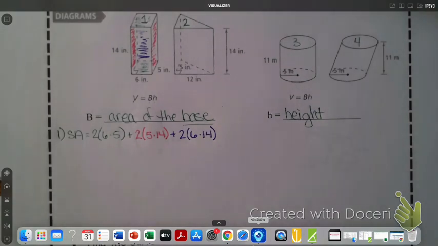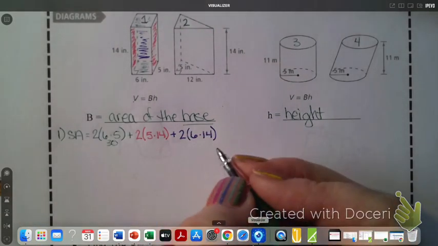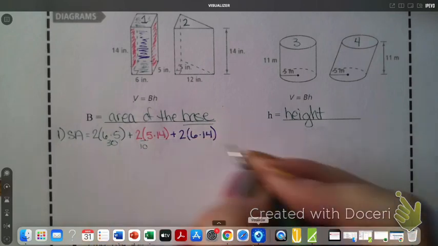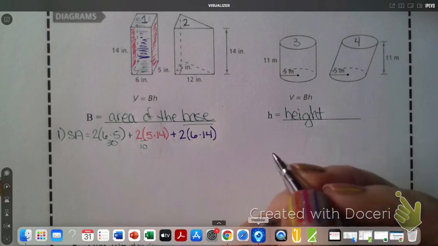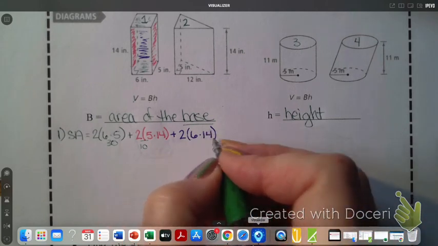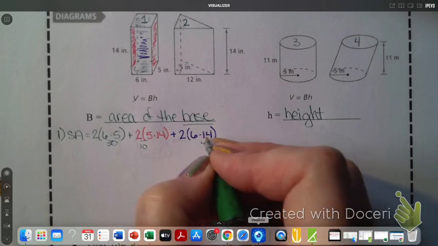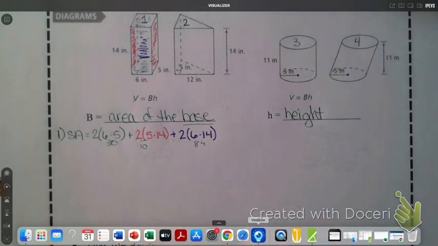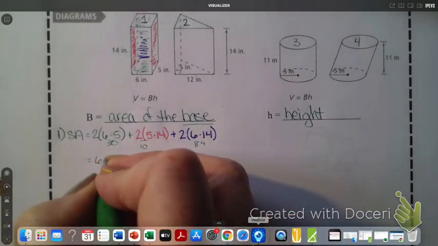So now I got to multiply them all out. So this is 30, right? This is 10. And this is... What do you want to multiply by 2? 14 or 6? I'm going to do 6 times 14. That should be easy to do, right? So 4 carry 2, 84. Okay, so 2 times 30 is what? 60.